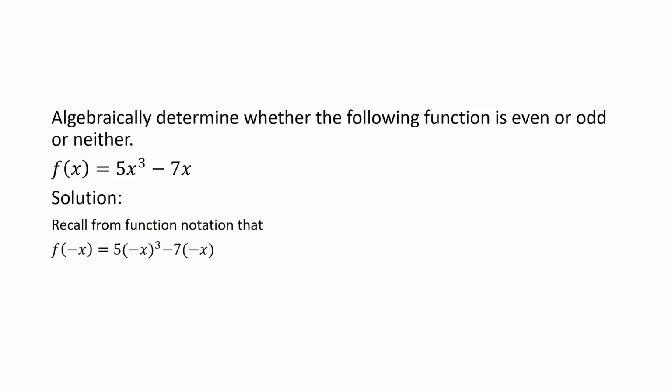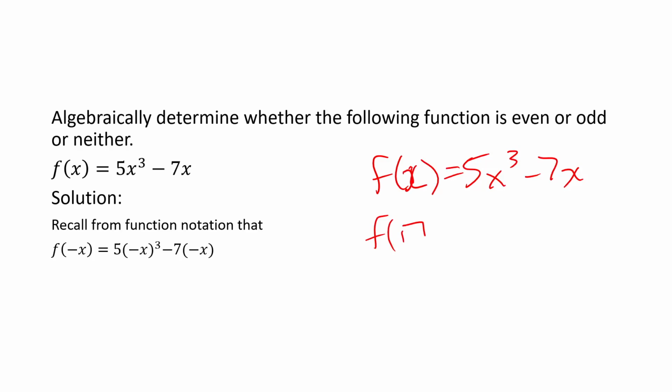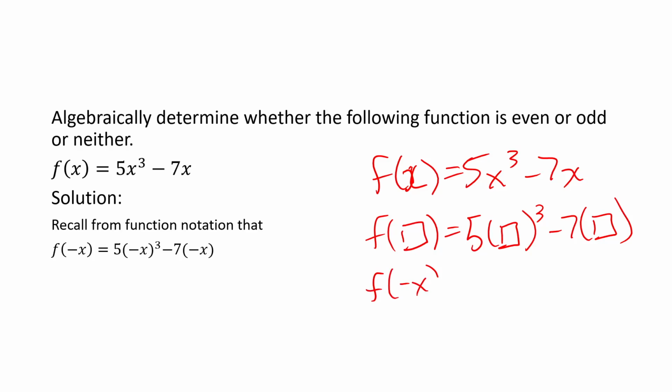Now, recall from function notation that when we say f at x equals 5x cubed minus 7x, what we really mean is f at block equals 5 block cubed minus 7 block. Now, if I'm asking you about f at negative x, then I'm saying the block is negative x.